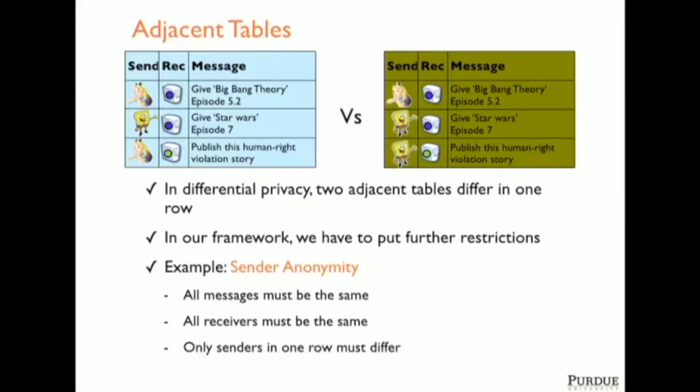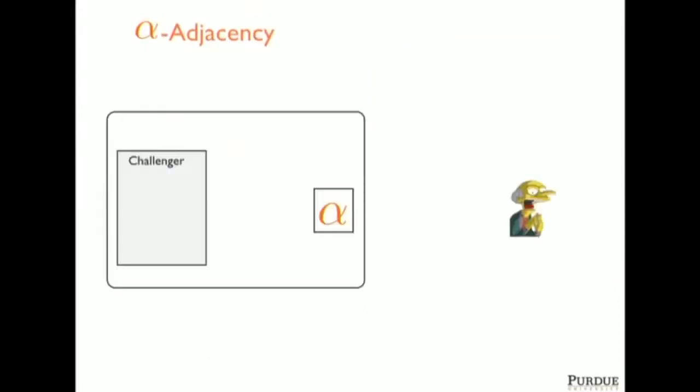So given these two things, the idea is to compare, and we still want to make sure that the adversary cannot distinguish between these two scenarios. Okay? The way we define this typically is we call this alpha adjacency, because what may happen is that the tables provided by the adversary may require some more fine tuning. So in the most typical scenario, there are two tables provided by the adversary.